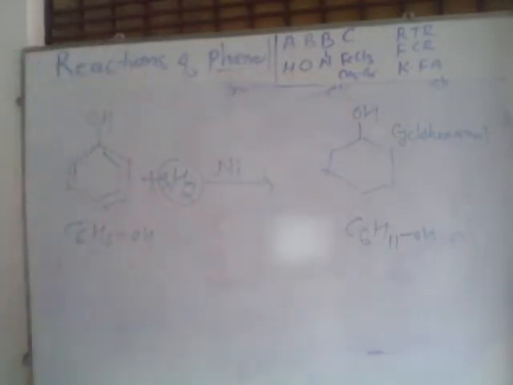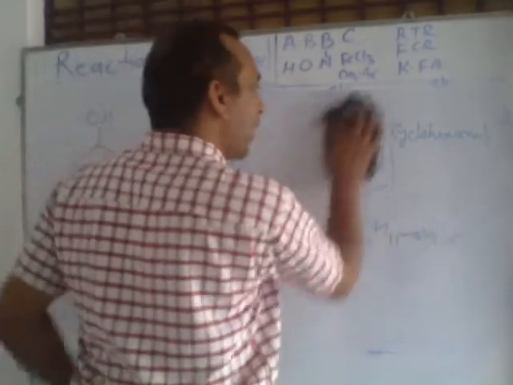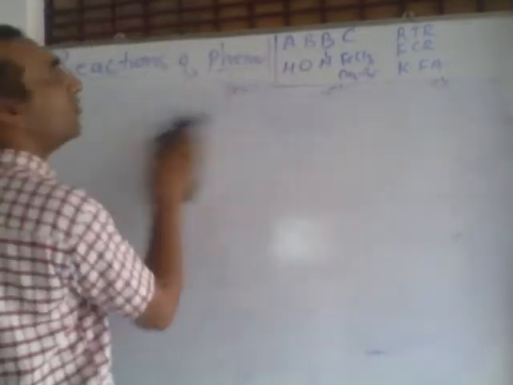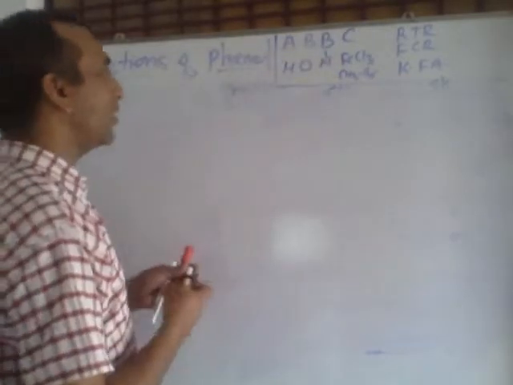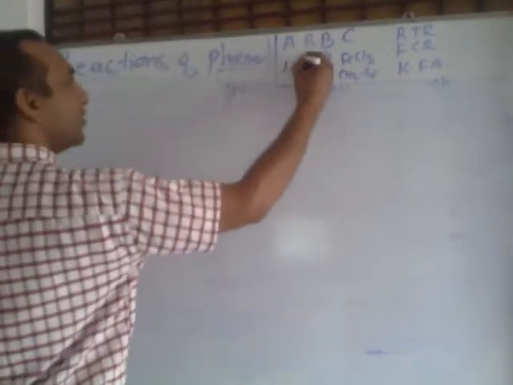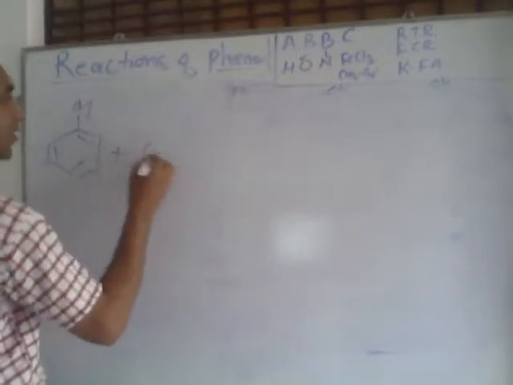In exams they ask how you can convert phenol to cyclohexanol. Simple: by reaction with hydrogen in presence of a metal. Second is oxidation. This is phenol, with double bonds, single bonds and OH, and this is oxygen.